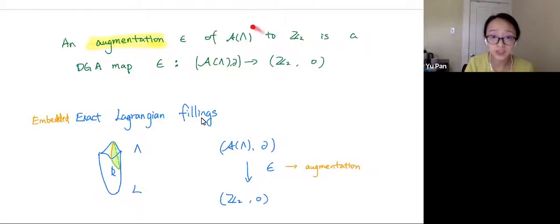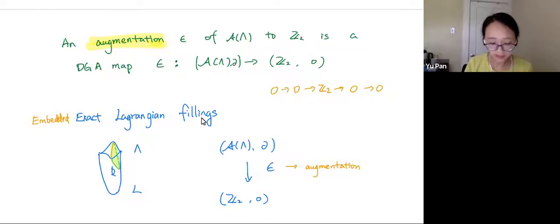An augmentation of a DGA to Z2 is a DGA map from the DGA of lambda to the DGA Z2. Here Z2 is just the ground DGA, which means the algebra only has coefficient Z2 and no generators, and all the differentials are 0. Another way to think of it is, if you view it as a chain complex, it's Z2 on degree 0 and 0 on other degrees and 0 differentials.